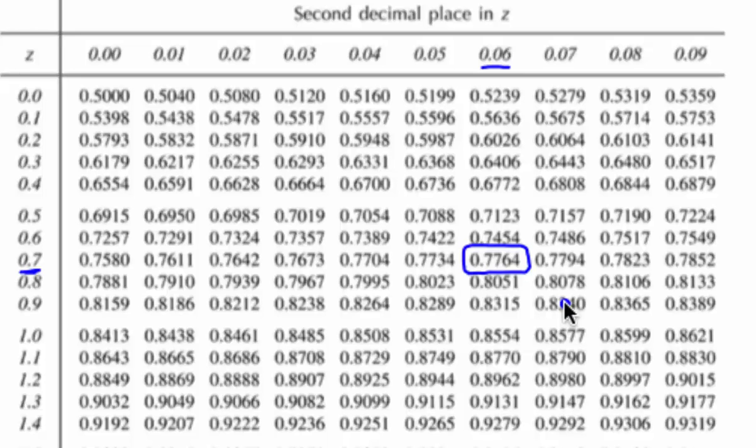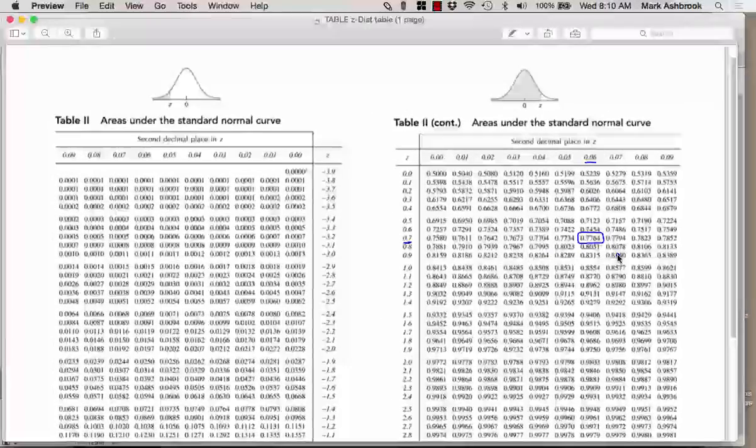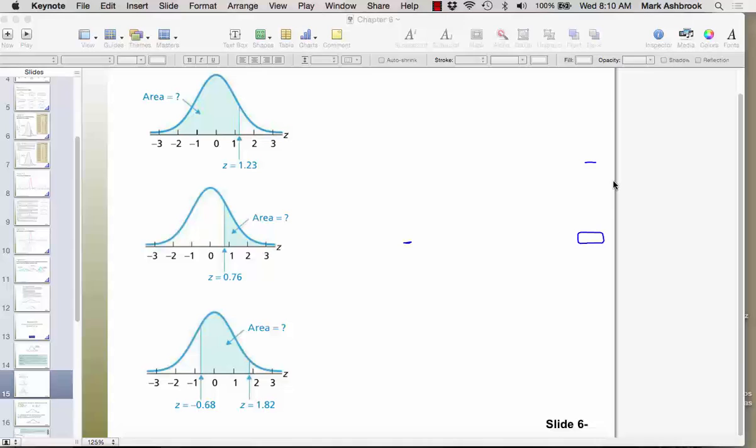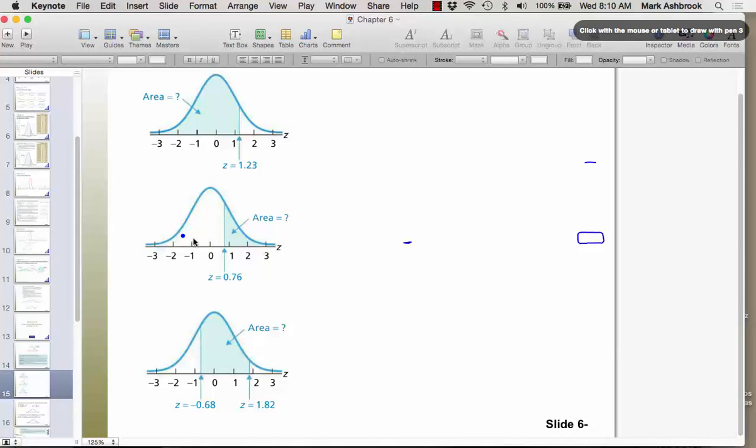Therefore, how much of the data lies above 0.7764? 1 minus that, right? So all this over here is it 0.7764?